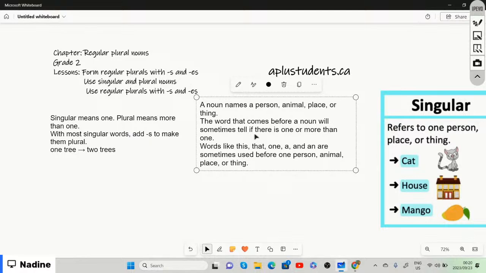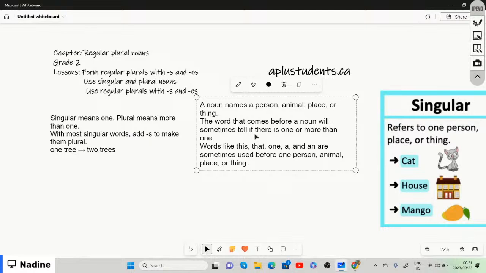So sometimes whatever word we put in front of the noun, it will either tell us if the word is singular, if it's referring to one, or if it is plural, if it's referring to more than one person, animal, place, or thing.